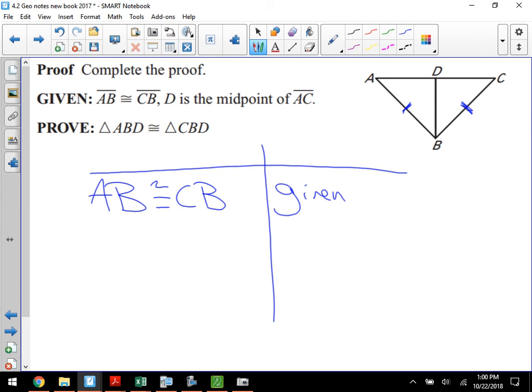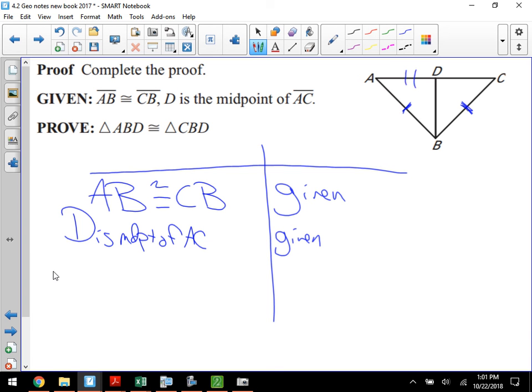The next thing says, D's a midpoint. Okay. You write it down. What does the midpoint do? Cuts it in half. According to your progression sheet, what are you supposed to state then? That two segments are equal or congruent.